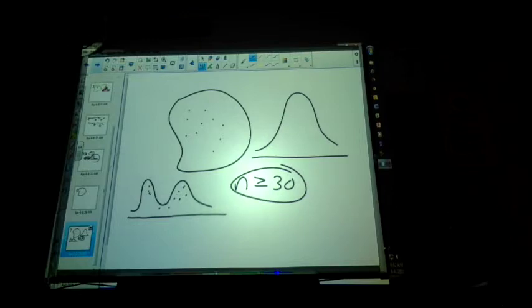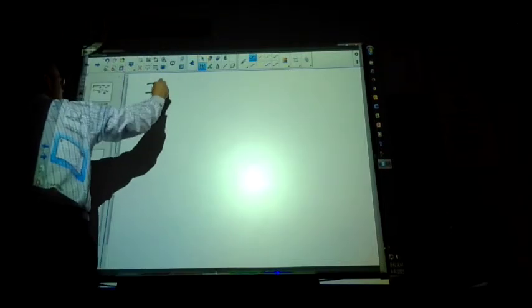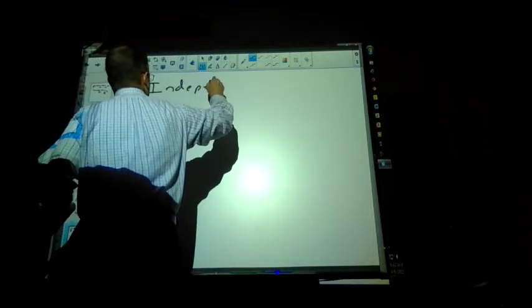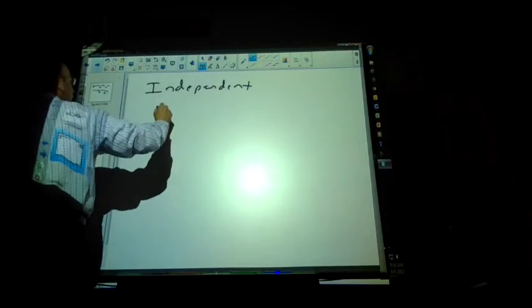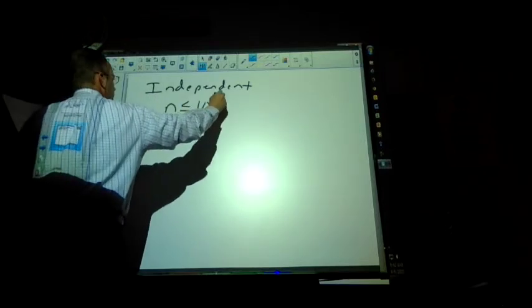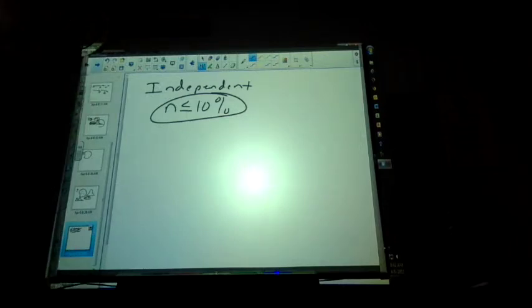Okay? But this is a good sample, but if you want it to be independent, meaning it's not relying on itself, you need to make sure that your sample, your N, is less than 10% of your entire population. So you're talking about close to 500 million people in the United States. So if you wanted to have a good sample, you want to have less than 10% of that in order for it to be an independent issue.